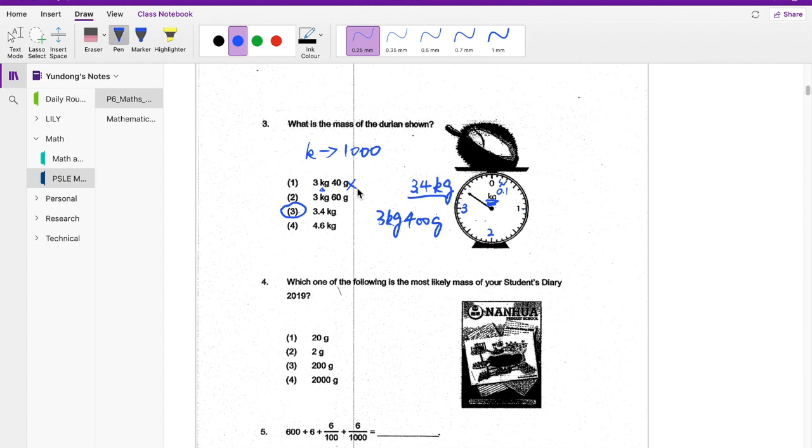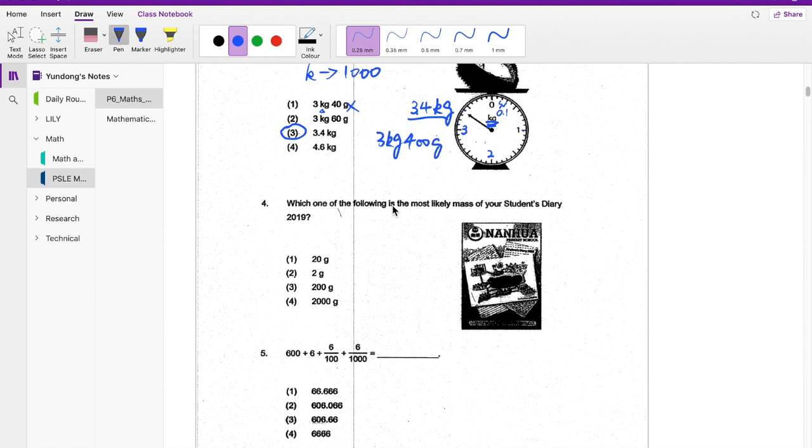Okay, now let's see the fourth question. Which one of the following is the most likely mass of a student's diary 2019? For this one, we need some basic understanding of mass. For example, for A4 paper, one page is around 2 grams.